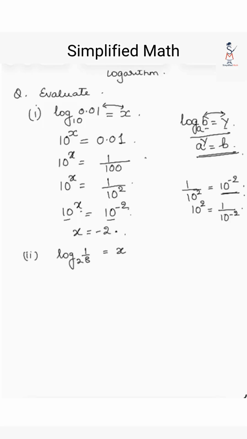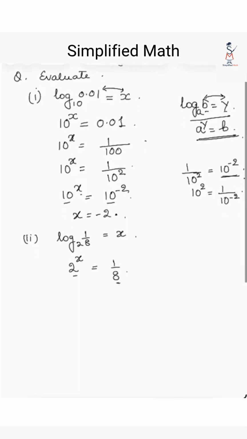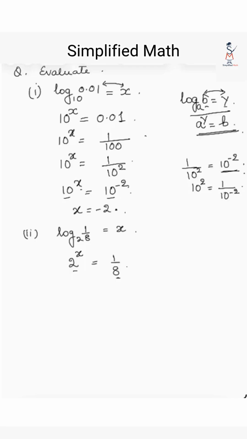Then the second one is log 1 by 8 to the base 2. Let it also be equal to x. Same way, we will change it into exponential form. 2 raised to the power x is 1 by 8. Here the base is 2, so we will write 8 as a power of 2. So this will become 2 raised to the power x equals 1 by 2 raised to the power 3, because 2 raised to the power 3 is 8.